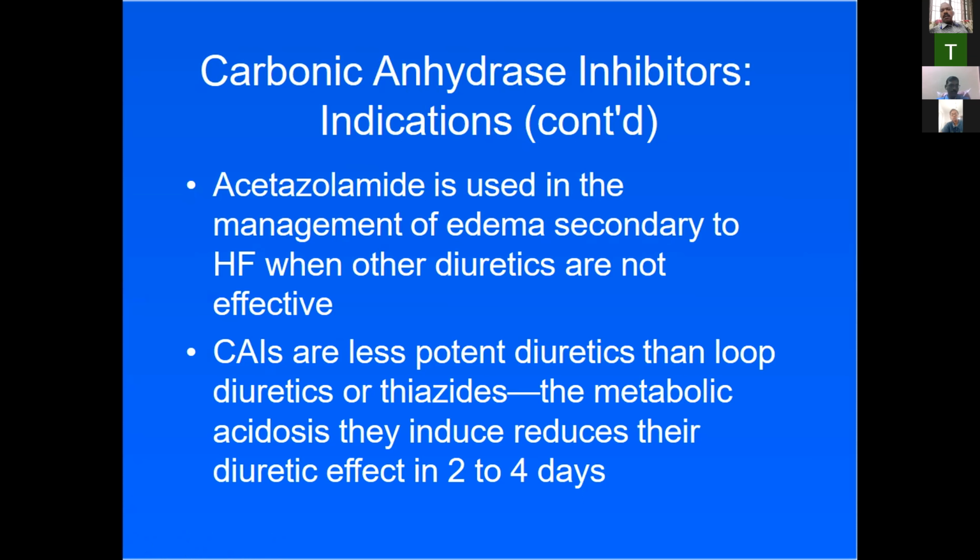These carbonic anhydrase inhibitors are less potent diuretics than loop diuretics or thiazides, and the metabolic acidosis they cause reduces the diuretic effect in 2 to 4 days. So for the first 2 or 3 days, these drugs are very effective, and after that, they lose their diuretic effect because of acidosis.